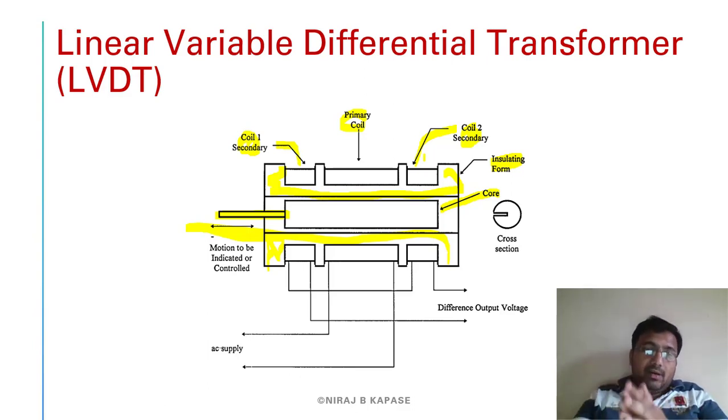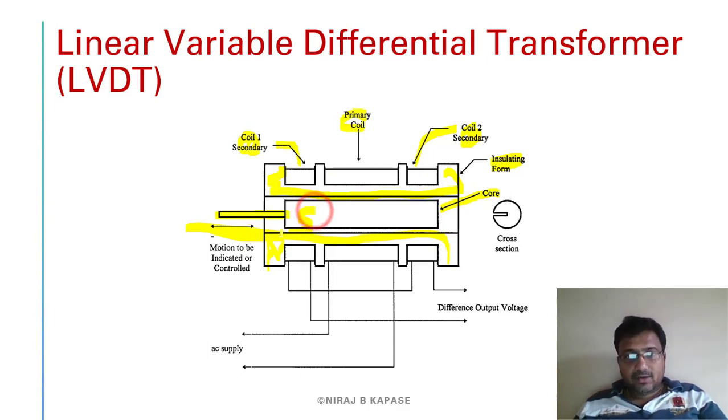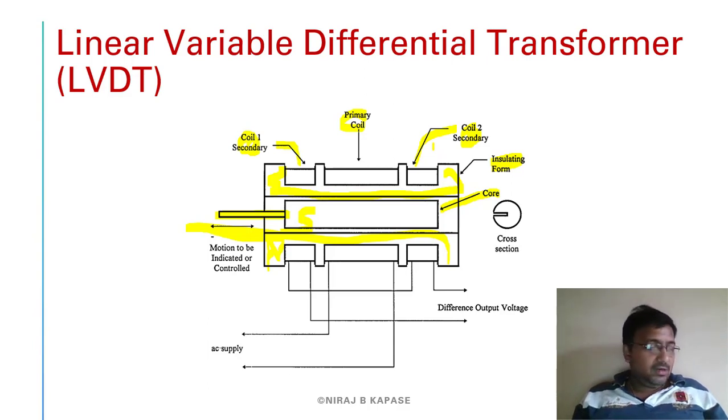But whenever the shaft moves, it produces some induced EMF in either coil 1 or coil 2, and there is a difference between these two, and that difference is calibrated in terms of distance. So this is the way we can use the linear variable differential transformer. This is one of the sensors which operates on this principle.